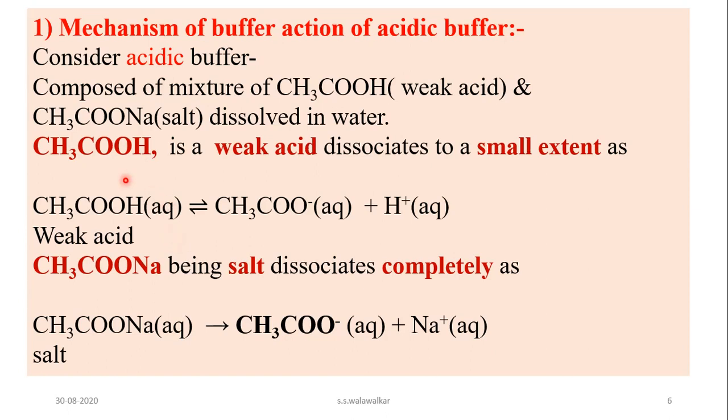So the concentration of undissociated molecules of acetic acid is more in the solution. Sodium acetate is a salt and therefore dissociates completely and gives acetate ion and sodium ion, and as it dissociates completely, the concentration of acetate ion is more in the solution.